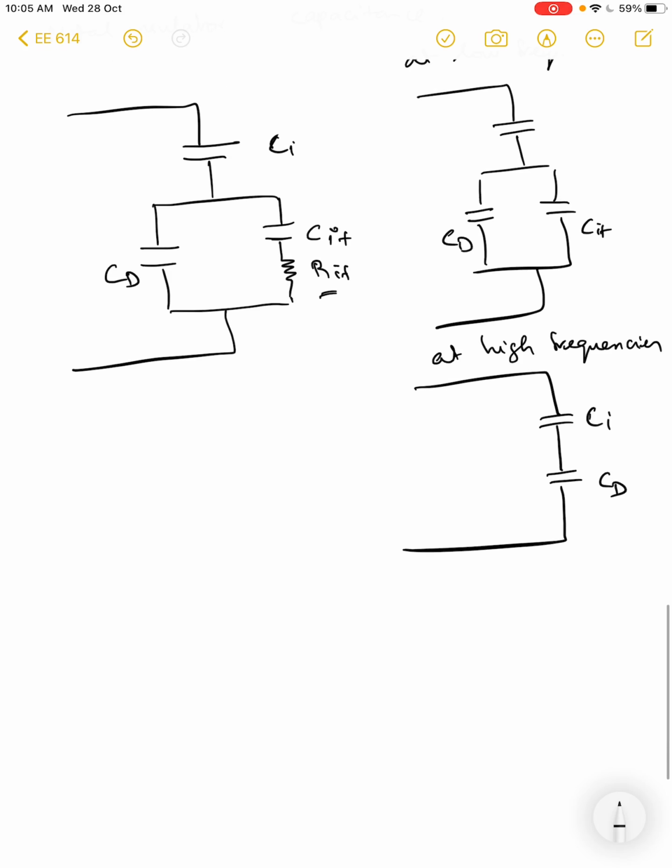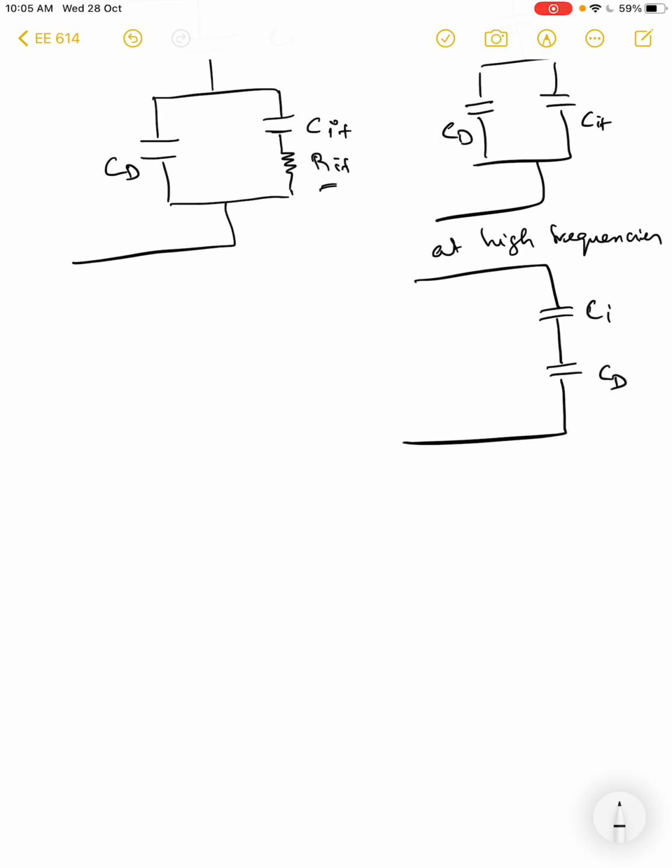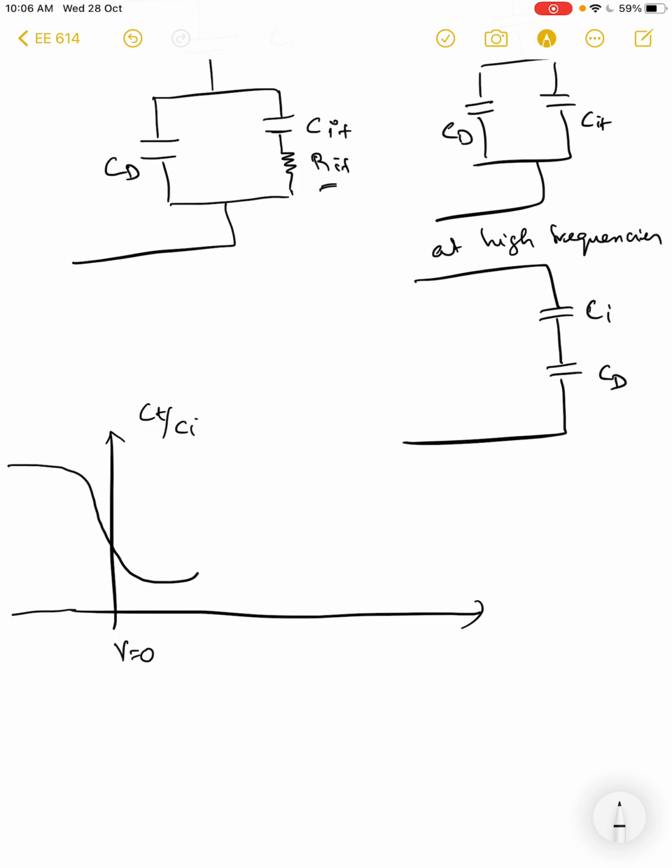So with this kind of model, if I draw the previous total capacitance normalized with the insulator capacitance, right? And then we know that it looks like this, this is once again for metal on PMOS, this is V equal to 0, right? And then we know that it drops like this and then goes up for an ideal situation at low frequency.